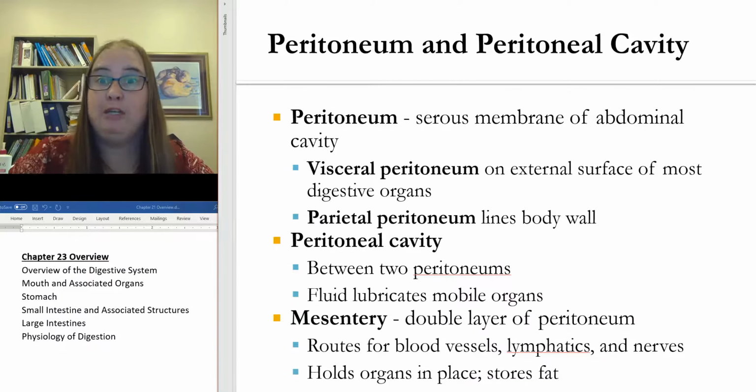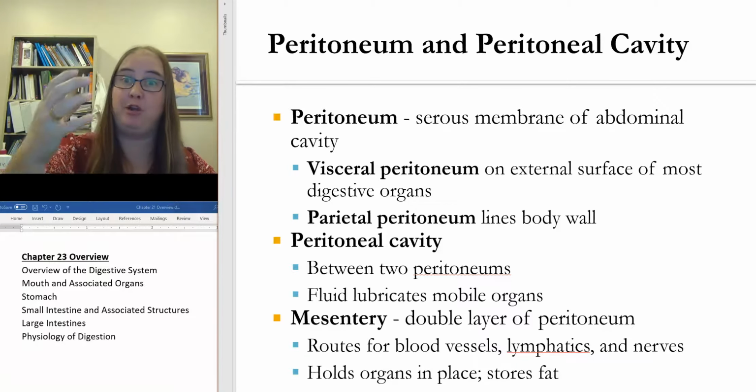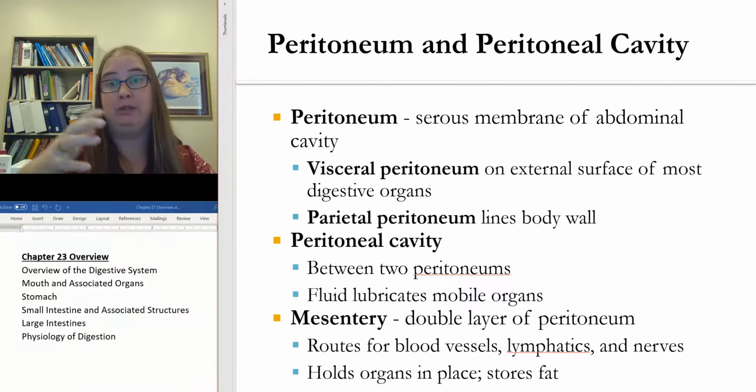So before we jump into the functional anatomy of the different organs within the system, I first want to talk about some of the basic anatomy, our serosa that exists within our abdominal cavity. When we talked about the heart, we had the pericardium, the visceral and the parietal pericardium.